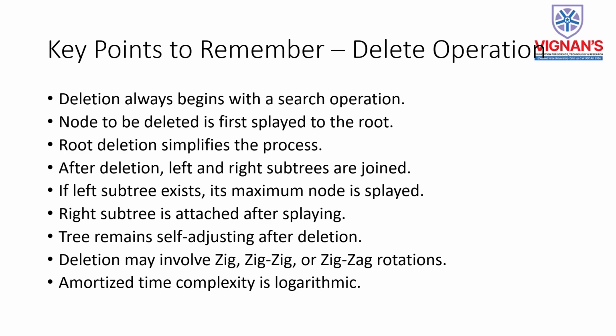If the left subtree exists, we find the maximum node in the left subtree and splay it to the root of the left side. Then we simply attach the right subtree to its right. Even after deletion, the tree keeps self-adjusting, so frequently used keys stay near the top. During this process, rotations can happen like zig, zig-zig, or zig-zag.